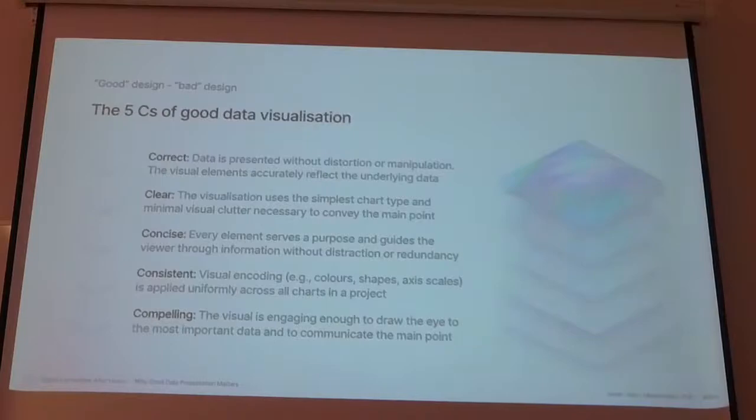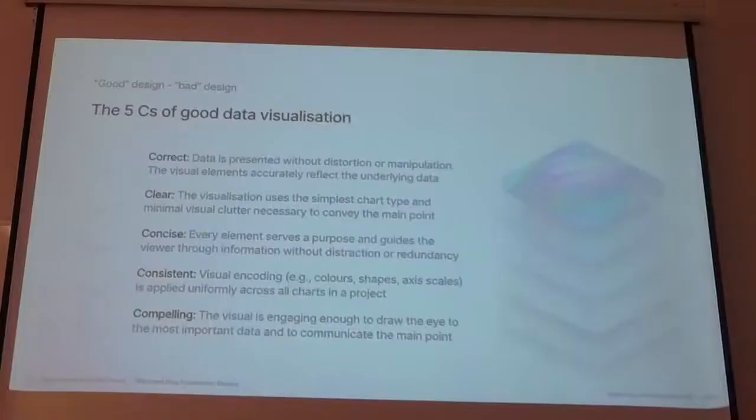So the main point of the visualization should always be obvious. A visualization should be correct, clear, concise, consistent and compelling, meaning that we want accurate data to work with, represented without distorting and with honest labeling. Then we want it to be efficient, so it only contains the purposeful elements and nothing superfluous that we don't exactly need in a chart.